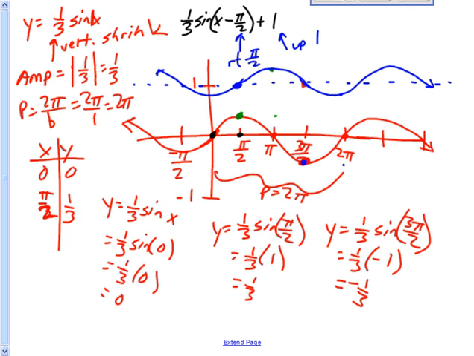All right, let's take a look at some more translations, vertical, horizontal translations. How about what would 2 cosine of x minus pi halves look like?